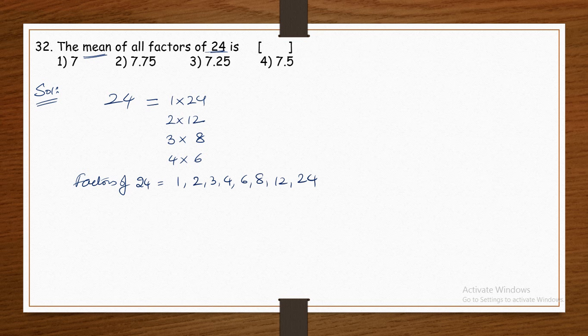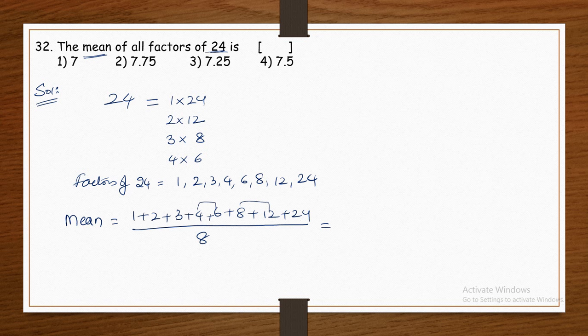Now I am going to find the mean of all these factors. So mean is equal to the sum of all these numbers, 1 plus 2 plus 3 plus 4 plus 6 plus 8 plus 12 plus 24, divided by the total number of factors, which is 8. So what is the sum? 24 plus 12 plus 8 is 44, plus 6 is 50, plus 4 is 54, plus 3 is 57, plus 2 is 59, plus 1 is 60.